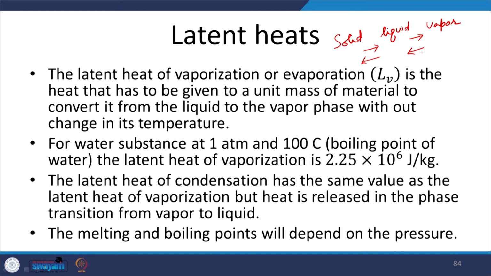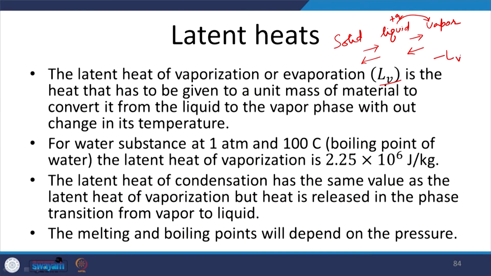For liquid to vapor, you have to give heat. This is plus LV, let us say. And if the vapor condenses and forms liquid, then the heat is released. This also has the same value as the latent heat of evaporation or vaporization, but this should be with a negative sign indicating that heat is being given out, right.